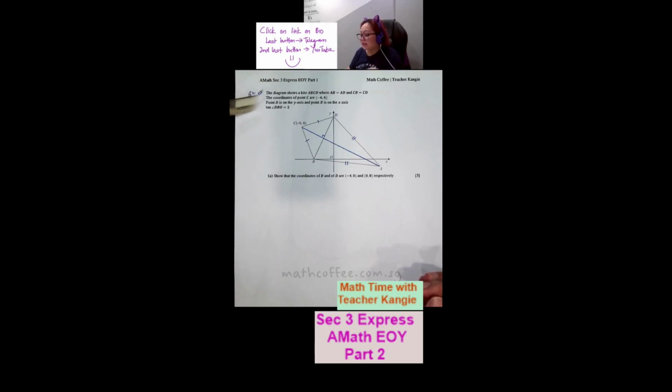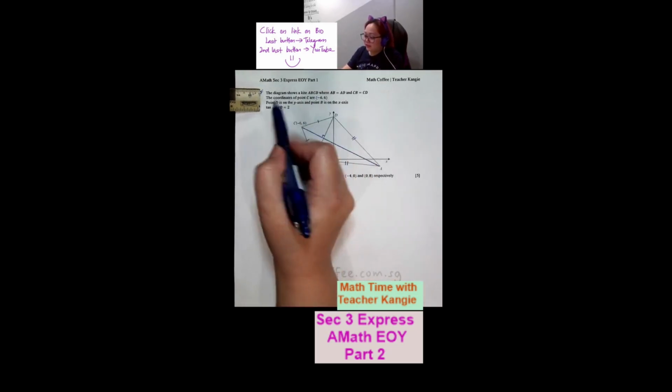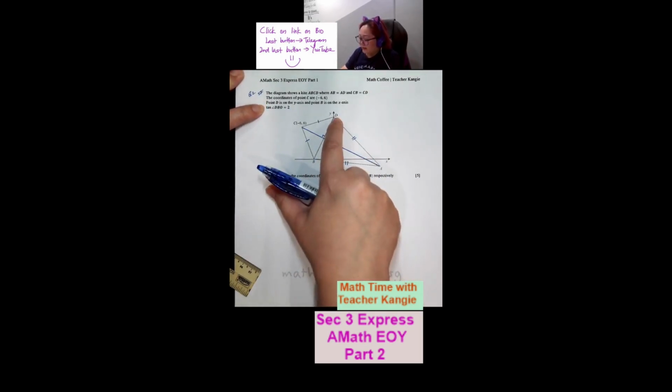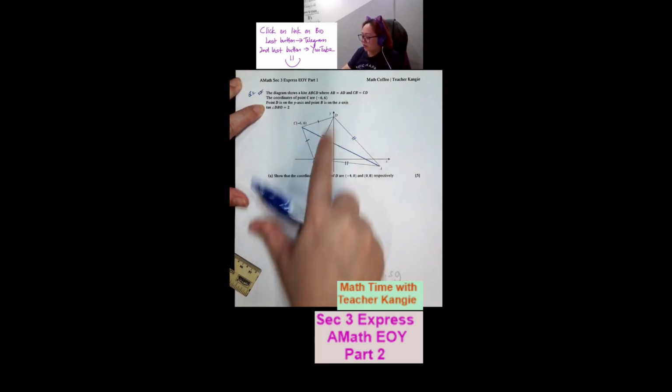So now the next thing is over here. They tell us that point D is on the y-axis. It's already stated there. Point B is on the x-axis. Just acknowledge it. On the y-axis, we know that the x coordinate is 0.